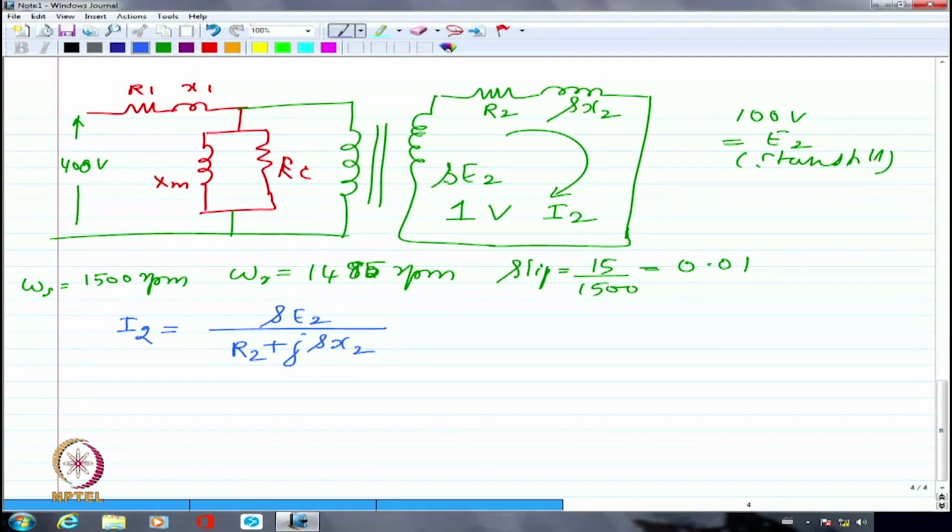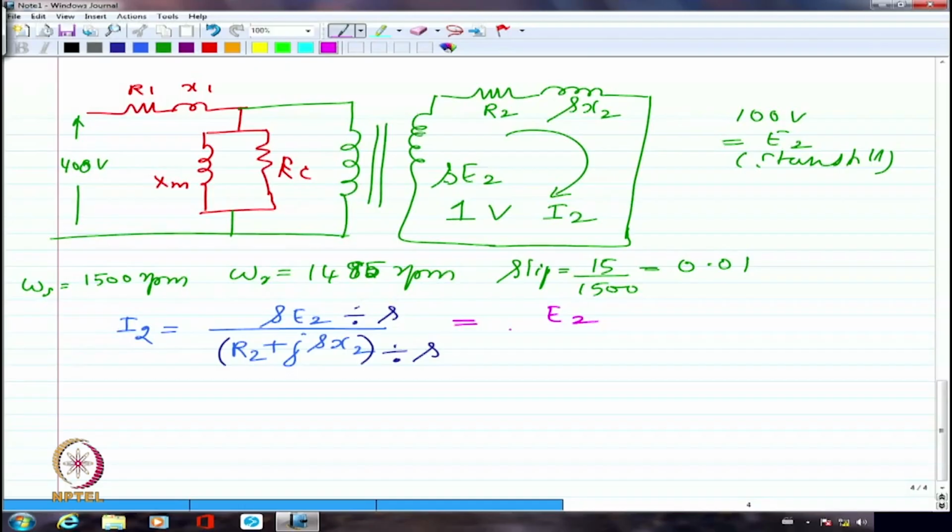Let me divide the numerator as well as denominator by S. Right? So I can write this as E2 divided by R2 by S plus JX2. Right? There is no difference mathematically. The magnitudes are the same. But it makes a world of difference electrically.